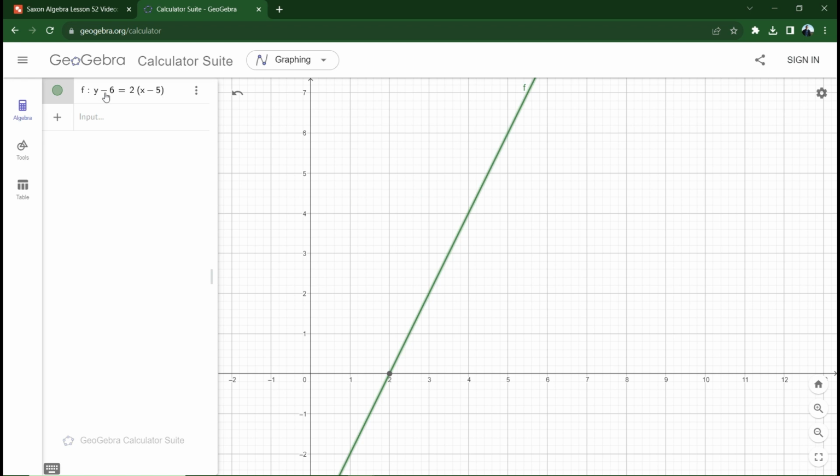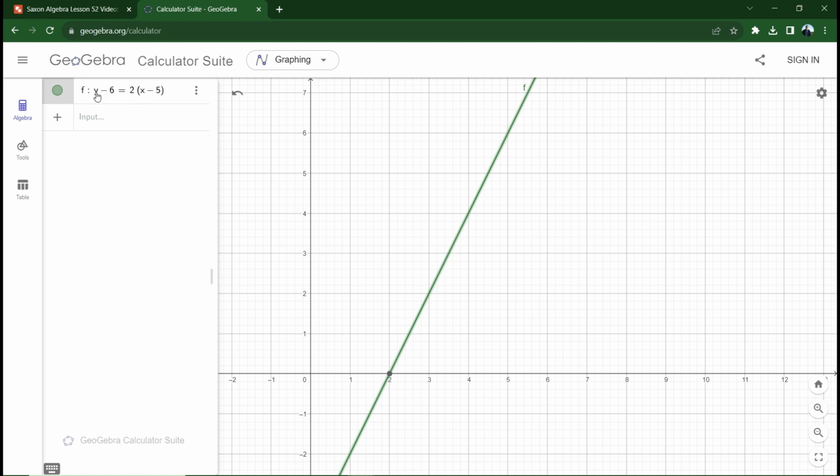I put this in point slope form. Now, I knew that 5, 6 was one of the points on this line. I also knew I had a slope of 2. So the very first thing I do is I wrote y equals 2x. But then I had to put in my point. So I knew that the y coordinate of my point was 6.